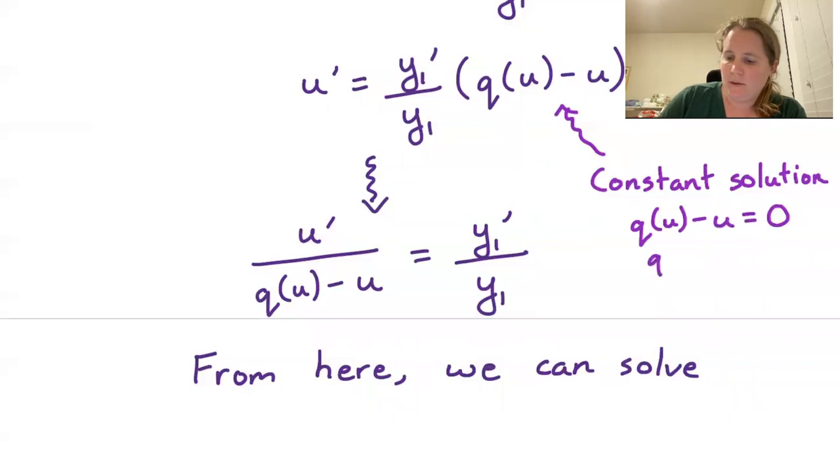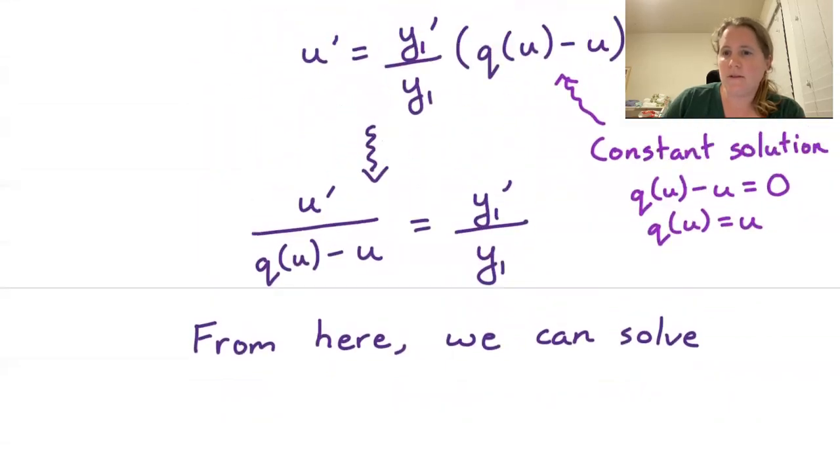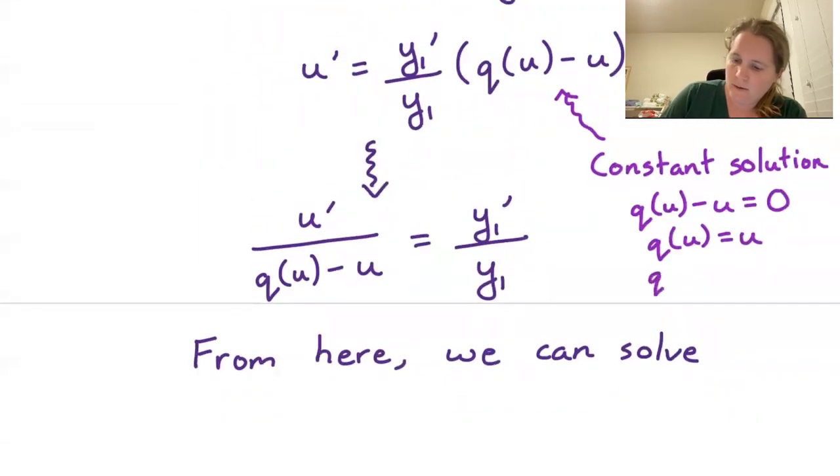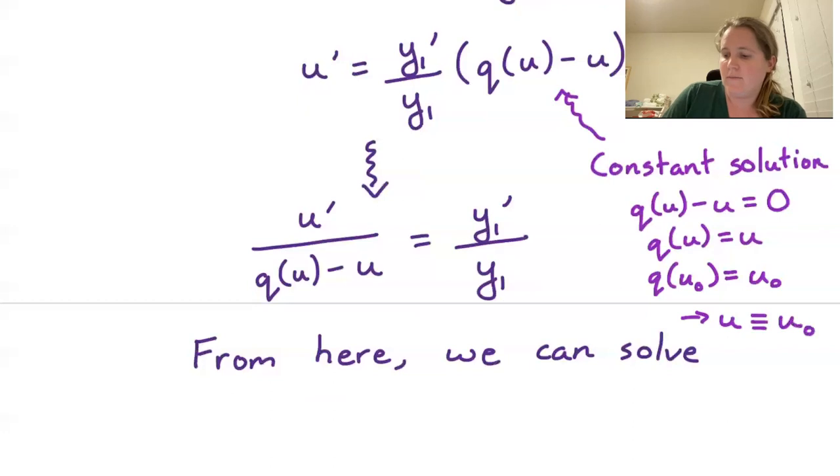That would mean that q of u equals u. So if we have a situation where q of u naught is equal to u naught, then we would have constant solution u is identically equal to u naught. So again, with separable equations, we do have these solutions that don't pop up in the integration.